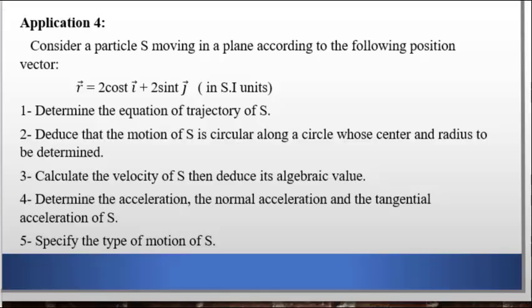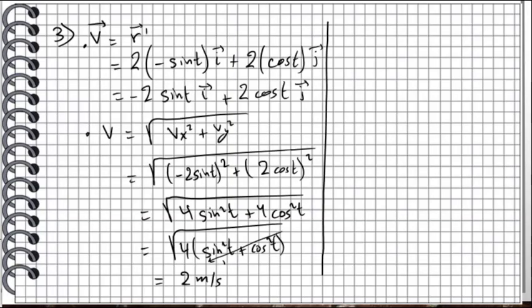Part 4. Determine the acceleration, the normal acceleration, and the tangential acceleration. The acceleration is the derivative of the velocity. The derivative of sine again is cosine.